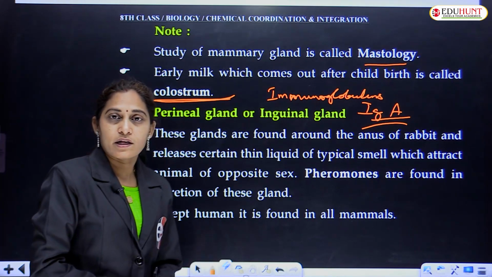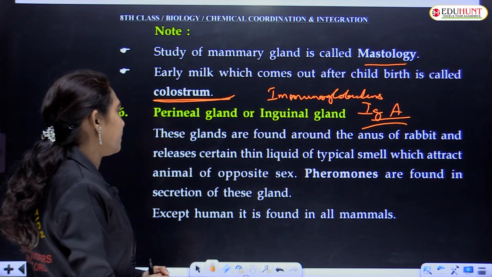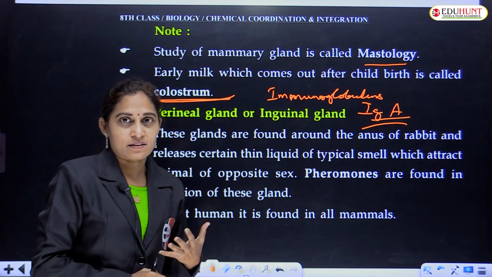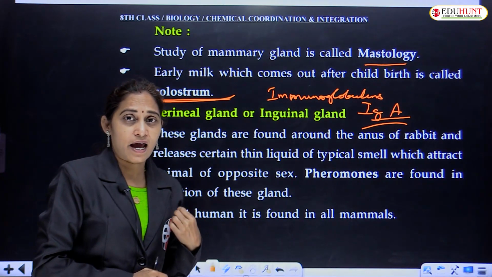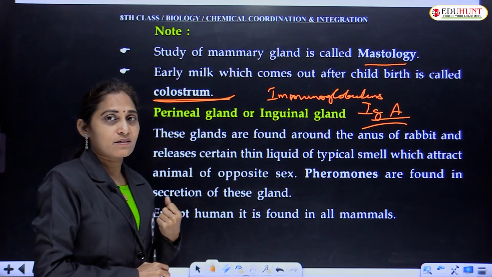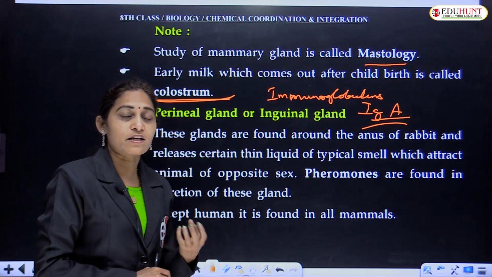Perineal gland or inguinal gland is present in rabbit. To attract the opposite sex, they are present near the anus, around the anus. They secrete these secretions, inguinal gland or perineal gland secretions.